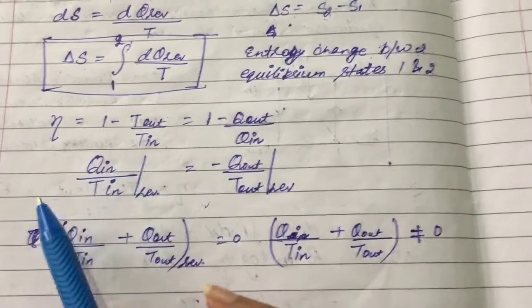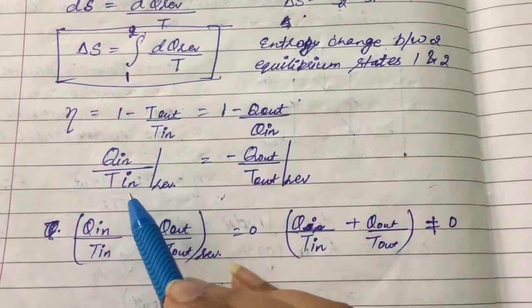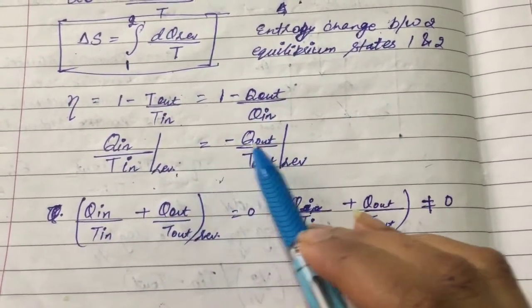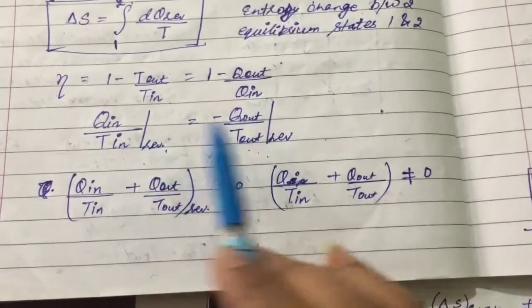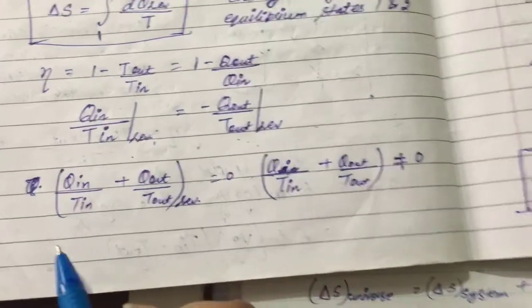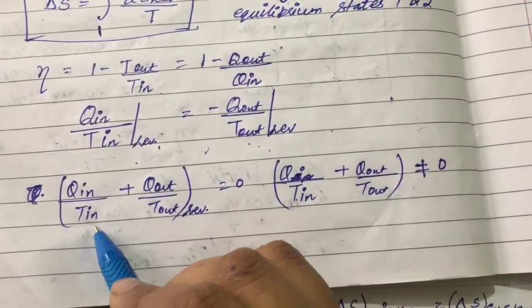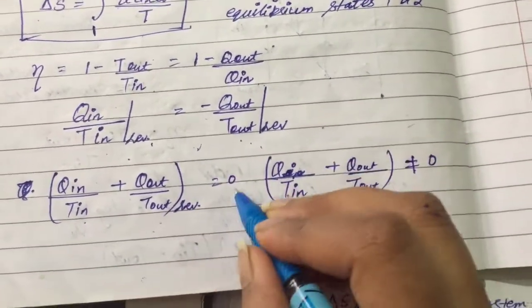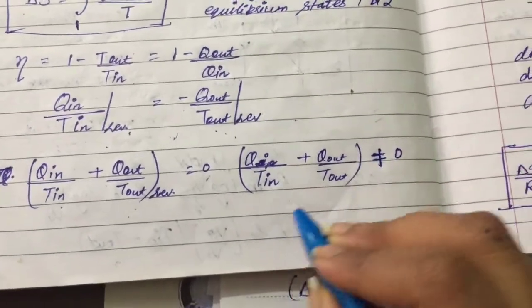So from this equation we can say that Q in by T in for reversible is equal to minus of Q out by T out for reversible. So equating this, we get Q in by T in plus Q out by T out for reversible is equal to 0, and not equal to 0 in case of irreversible.